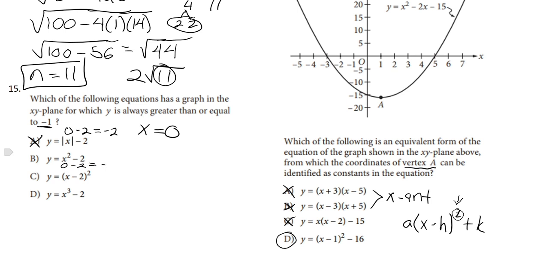Minus 2 is still -2, so it can't be B. If we plug in 0 into C, we'll have 0 minus -2, which is -2 squared, which gives us +4. And if we plug 0 into D, which is the last one, 0 cubed is 0. 0 minus 2 is -2, so it can't be D. So just by going with the process of elimination, plugging in x equals 0, we can see that C is the answer.